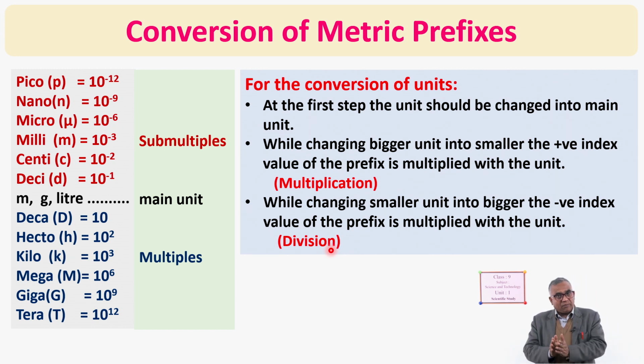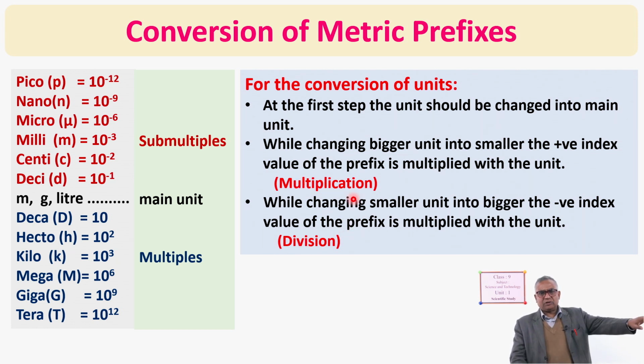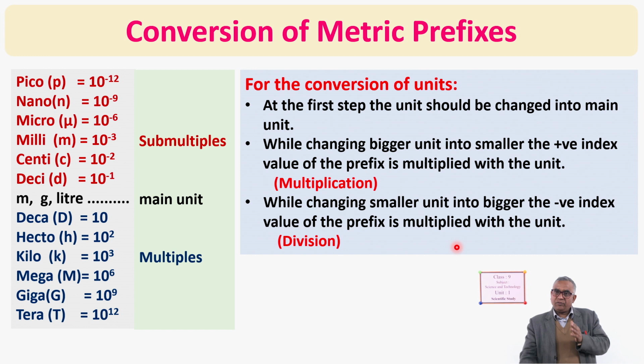Multiplying with positive power is really multiplying, and multiplying with negative power is division. So here I am not saying that you have to multiply or divide. In all cases you have to multiply, but while changing smaller into bigger, you have to use negative index, negative power. Last time we did it.